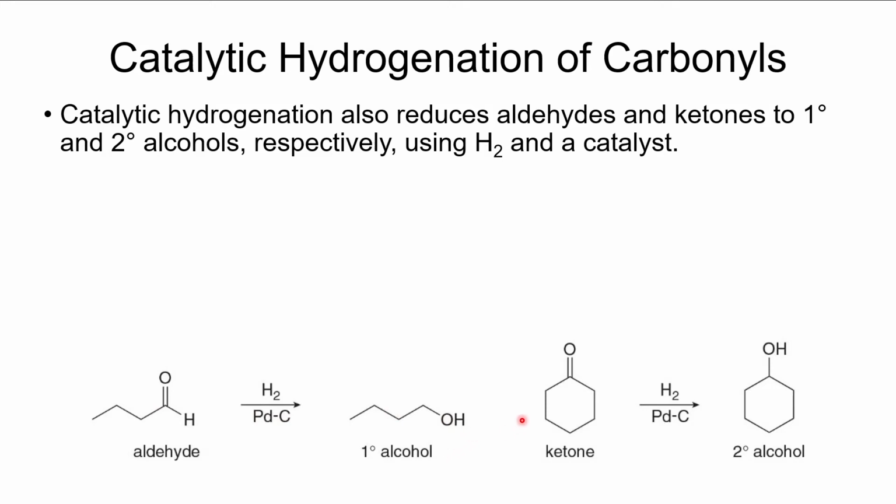All right. You may recall that back in that chapter, we also found that we could reduce carbon-carbon double bonds with hydrogen and palladium on carbon. And so there's a trick we can do here.